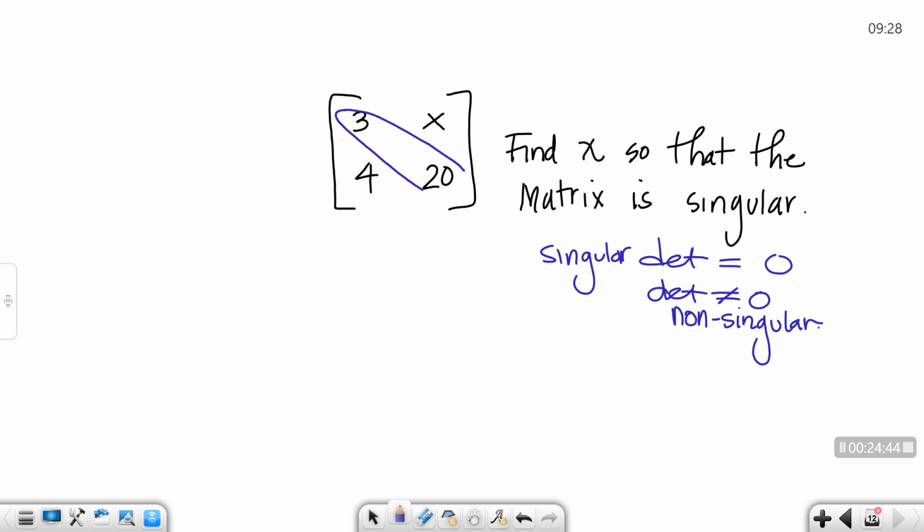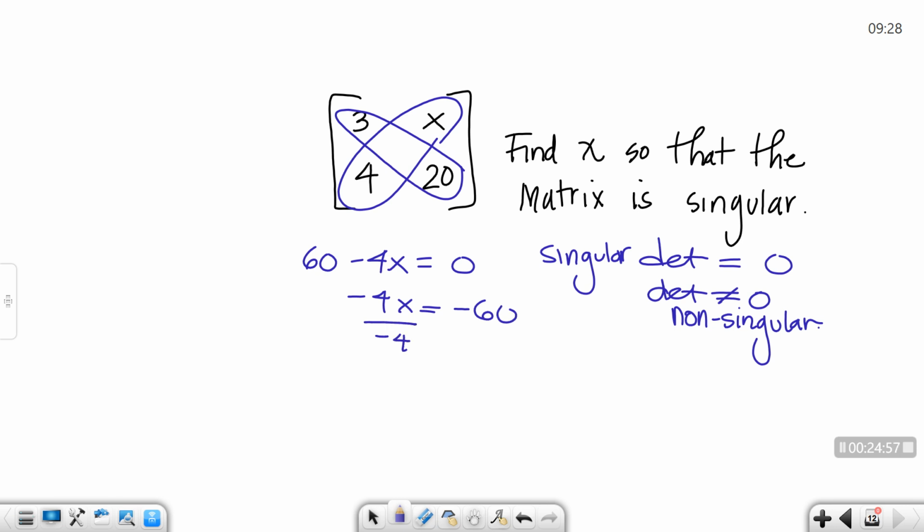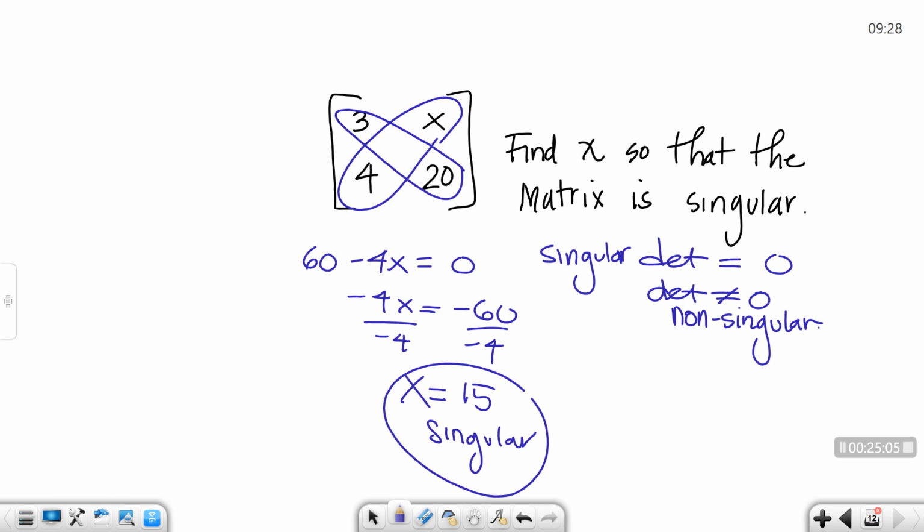So we're going to say that this is 60 minus 4x equals 0. So negative 4x would equal negative 60. Divide both sides by negative 4, and x equals 15. Okay, that would make it singular. And that's how you would answer. You'll say, okay, what would make it not singular?